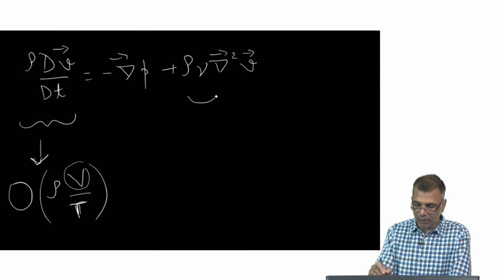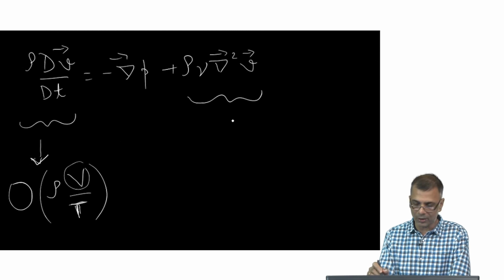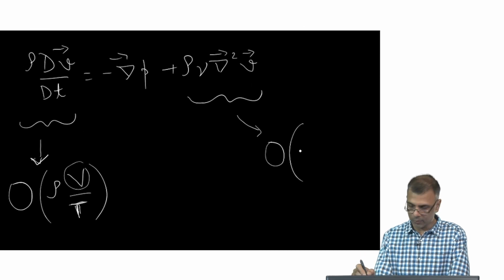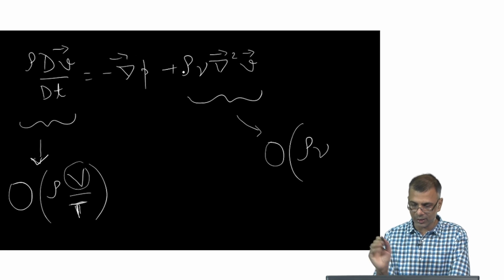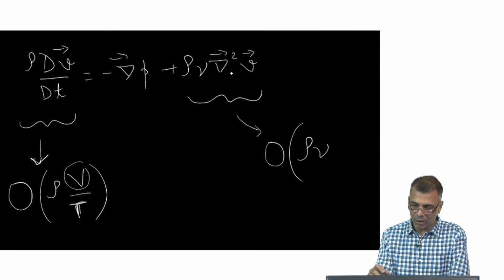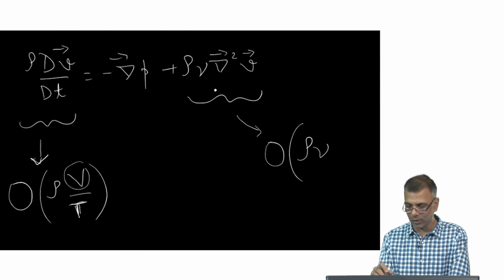Let me now write down this term. I'll leave this for later. We will talk about this in a minute. So this is of order... I leave these two terms as they are. Now remember, this is a second derivative, like d squared v dx squared or d squared v dz squared, and so on.